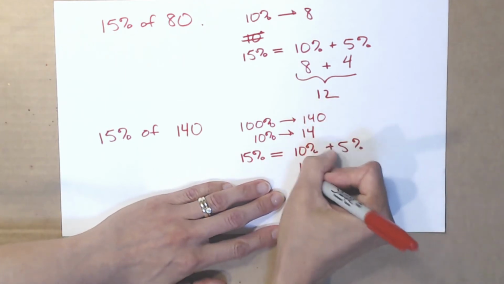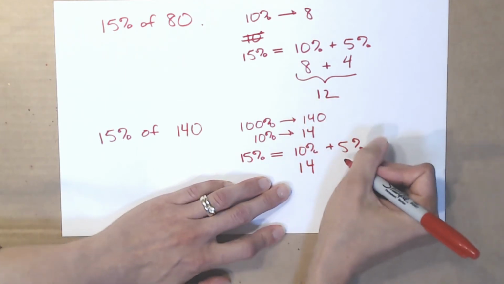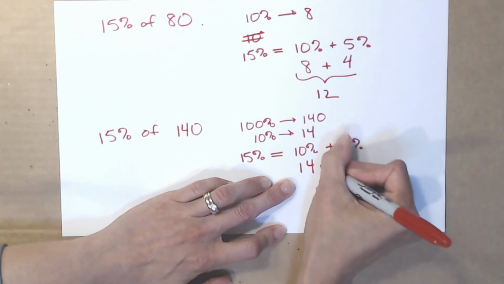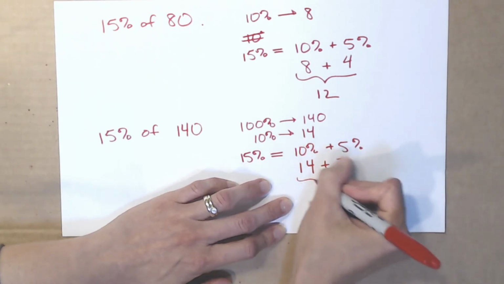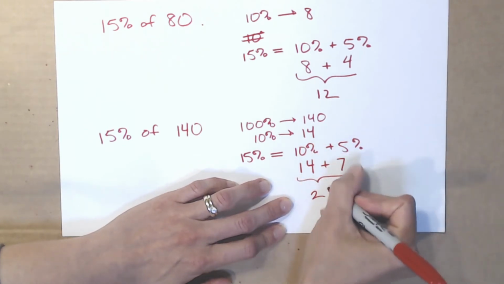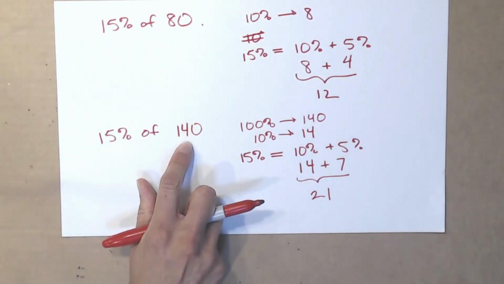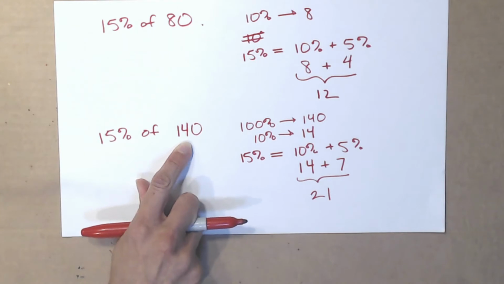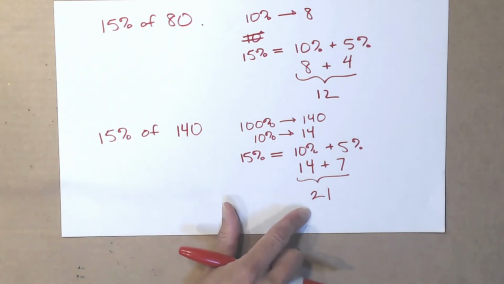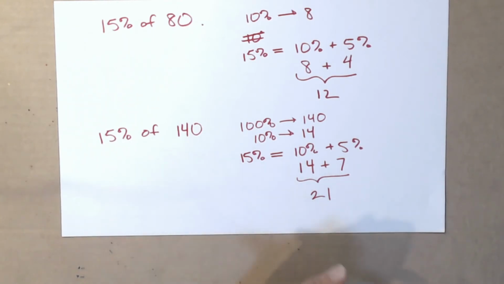So the 10% is 14. 5% is going to be half of the 10%, so 7. Add those together, and you get 21. So if you went to a restaurant and your bill was $140, you're going to want to give a tip of about $21, since 15% of 140 is $21.